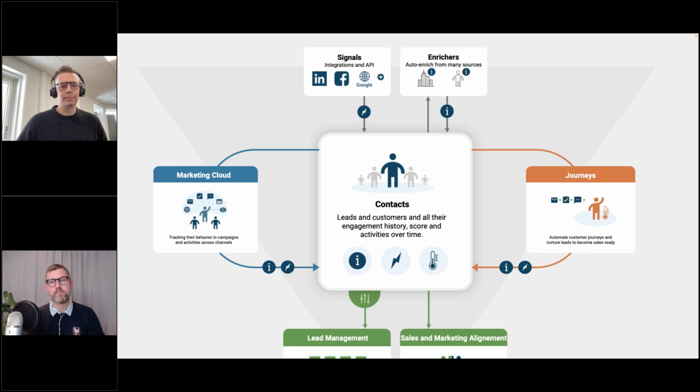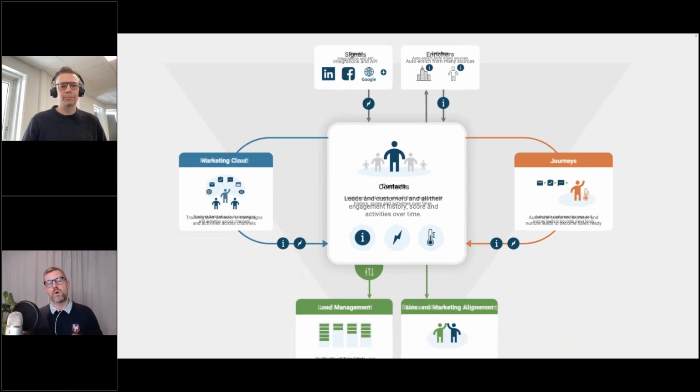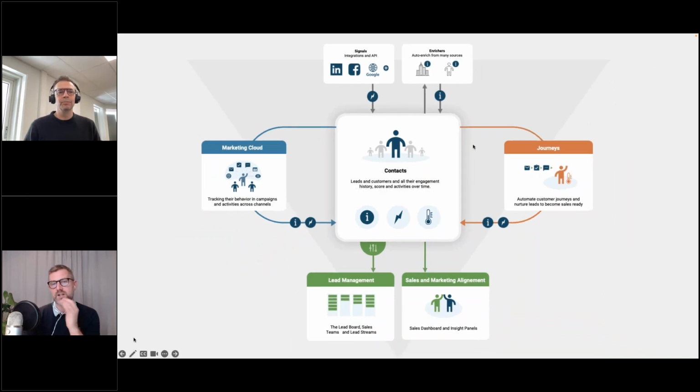So bringing more companies, more sources for leads into eMarketeer. So as a whole, this is kind of the concept of the product now. Everything you see on the left-hand side here is there. The Marketing Cloud, obviously, with all of the tools there. Lead management. Journeys will come later this year, already before summer, version 1, and signals after summer.